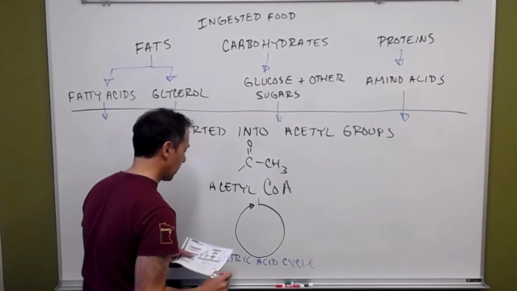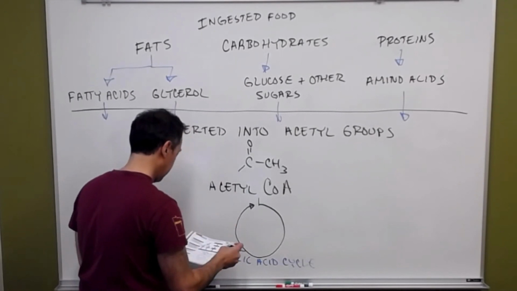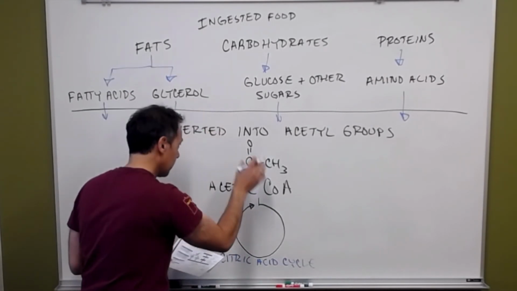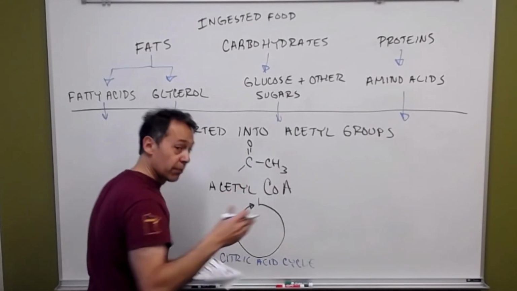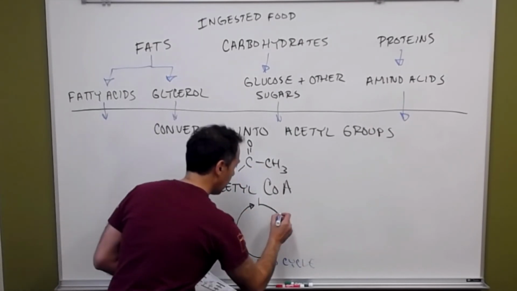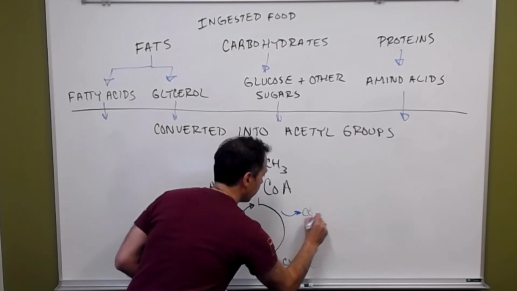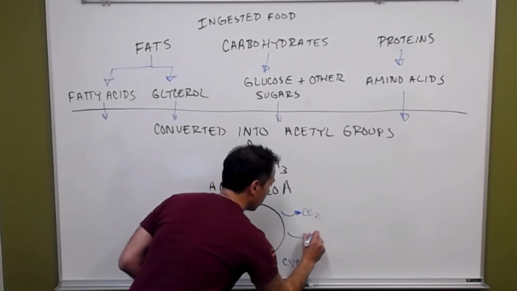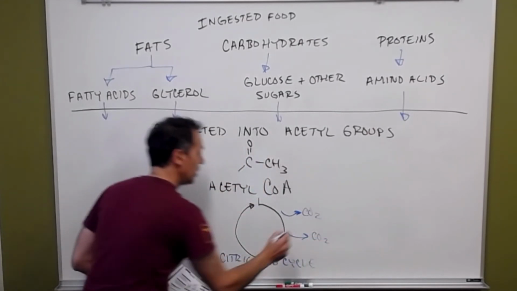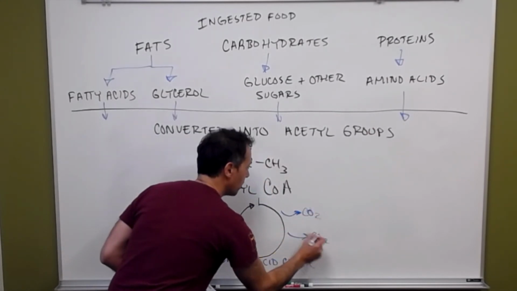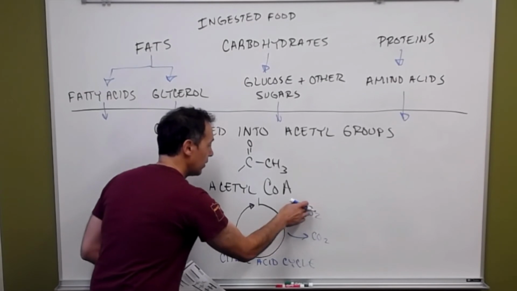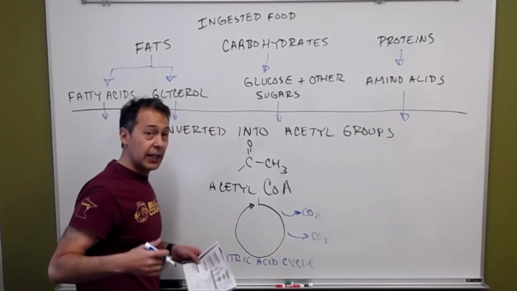In the citric acid cycle, our acetyl groups are going to get broken down, and as they get broken down, they're going to release carbon dioxide, and as they release that carbon dioxide, they're also going to be releasing energy, and this carbon dioxide ends up getting exhaled.